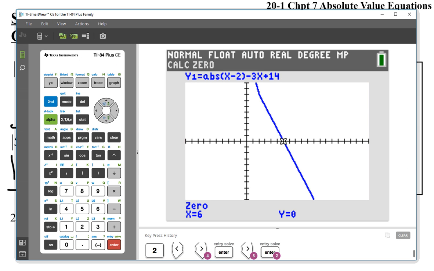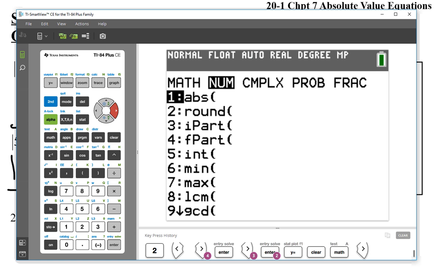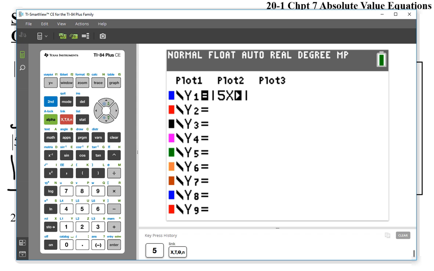Go to the calculator, y equals, let's clear what we had. And again, math. Scroll over so the number is highlighted. We want the absolute number 1. What are we going to put in this time? 5x minus 4. Leave the absolute. Whoops.